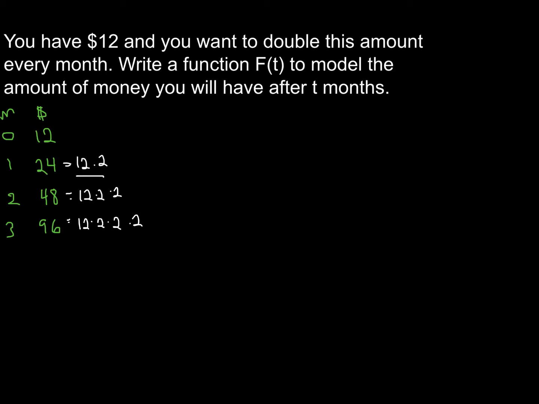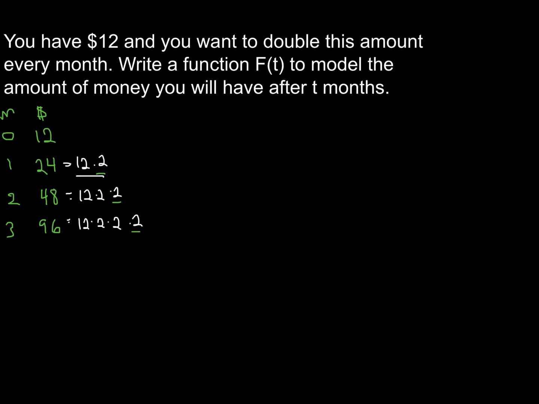So we can see that at each step of the way, we are multiplying by another 2. And this should give you a hint as to what the pattern is. I want to multiply by the certain number of 2's that will allow me to double my initial value that many times. So after 1 month, I'll double it once. After 2 months, I'll have doubled it once and twice.